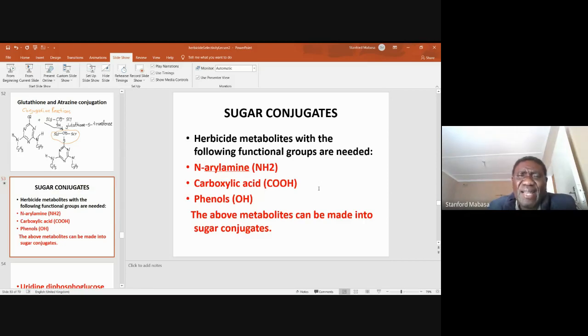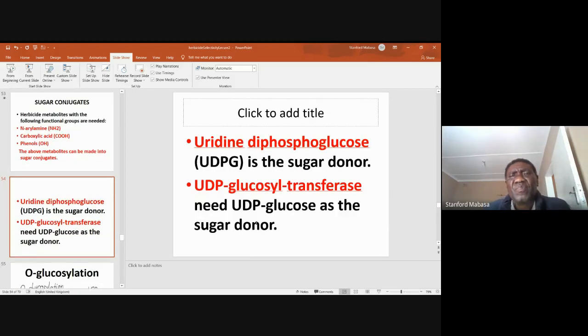So we will see how sugar molecules can further react with these products. So what basically happens, we are going to form sugar conjugates. Uridine diphosphoglucose, or UDPG, provides the sugar, or it is the sugar donor.